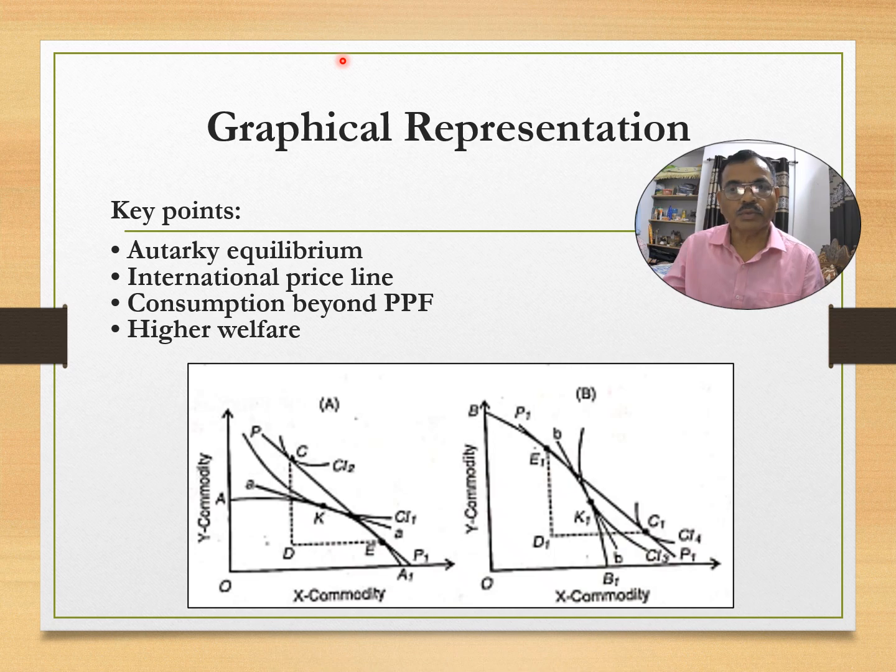We show the autarky equilibrium for each country, the international price line, the specialized production point, and the consumption point beyond the production possibility frontier.